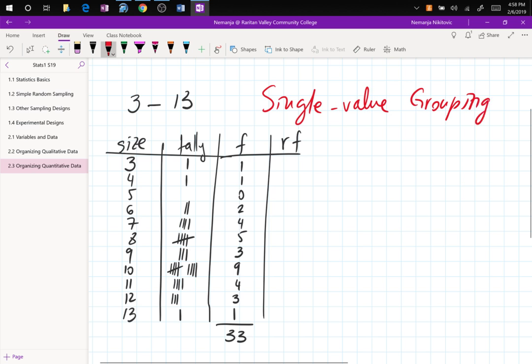And I'm going to point the arrow from the title into the size over here, and explain here in parentheses, one value at a time.